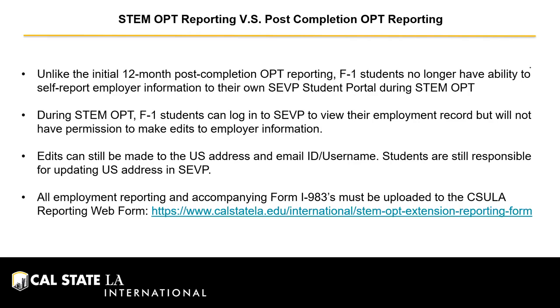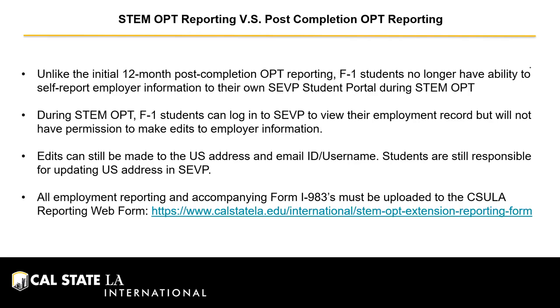So any employer information that changes or occurs would have to be reported through the international student portal, as we mentioned earlier, you no longer have access to make those changes yourself through SEVP.